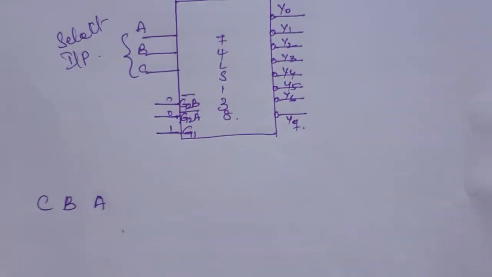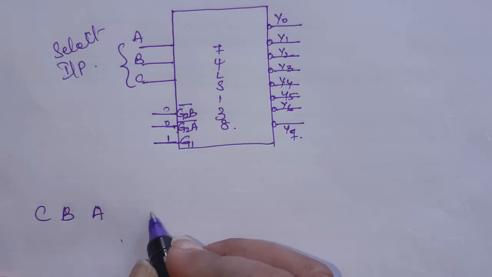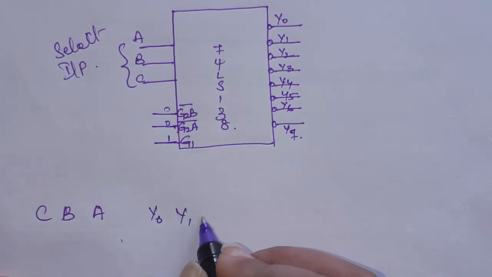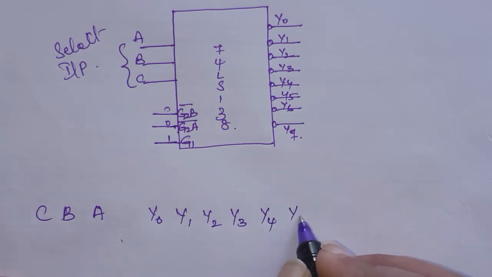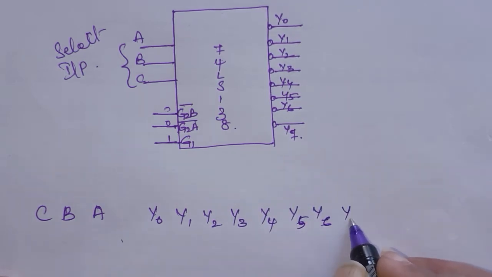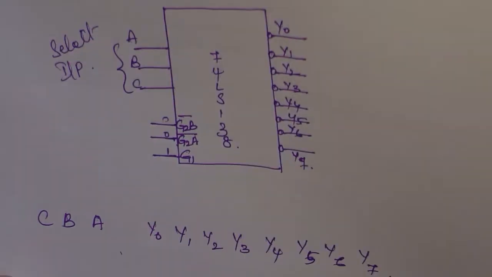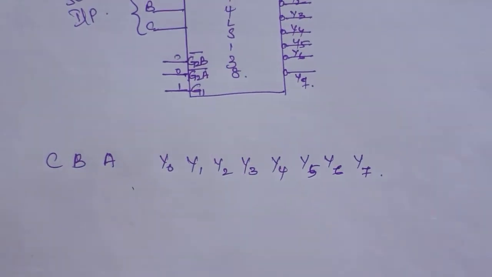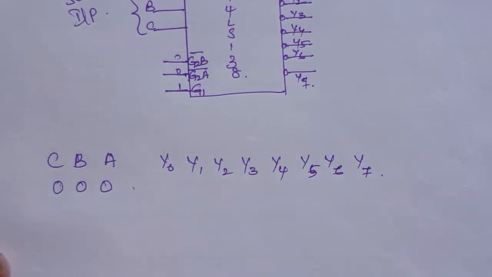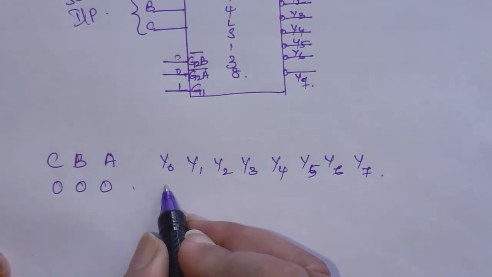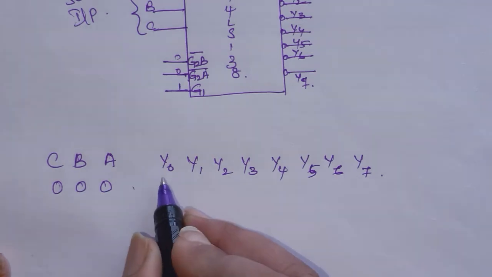ABC inputs, and Y0, Y1, Y2, Y3, up to Y7. When the select input combination is 0 0 0, there will be output at Y0.